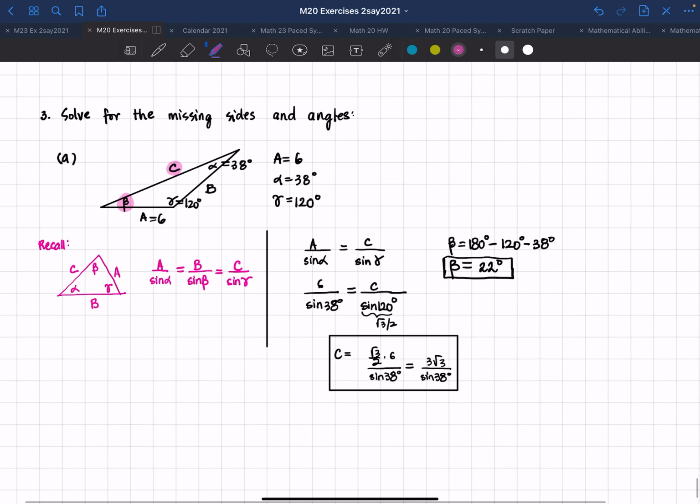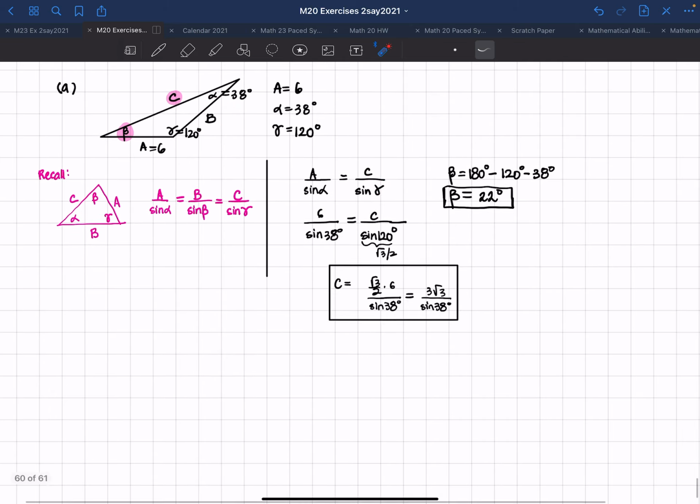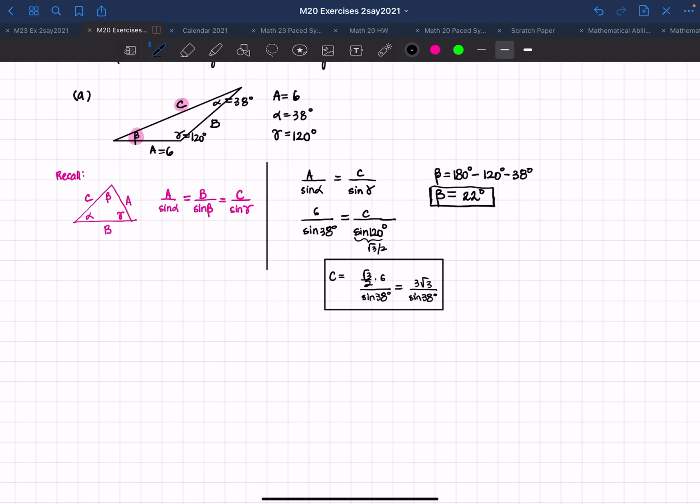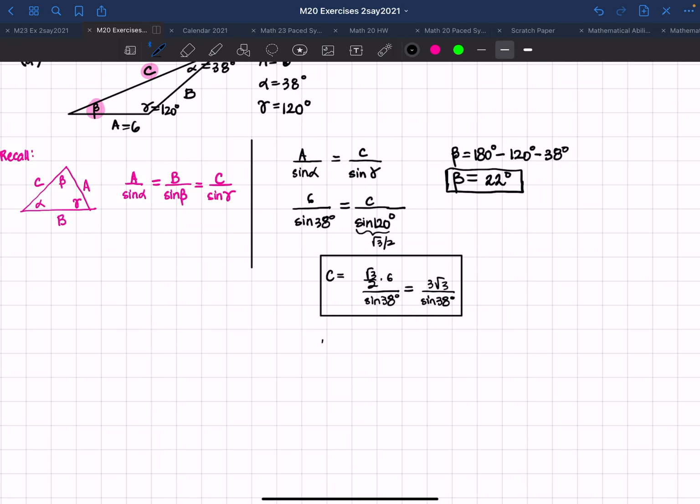Okay, and same trick lang. So, dito, para ma-compute yung B, same trick. So, gagawin lang natin tong B tsaka beta. So, meron tayong A over sine 38 degrees equal to B over sine beta.